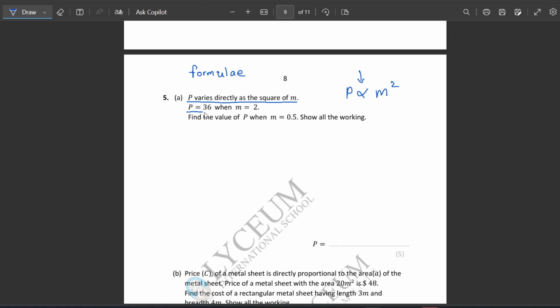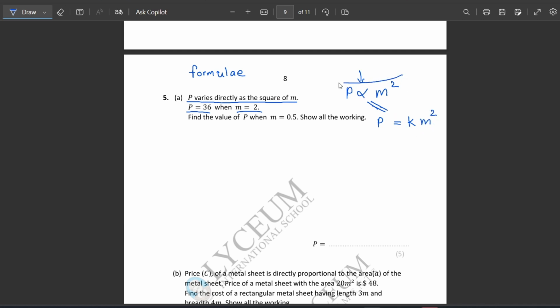So they have given us two values. Using those values, we can convert this proportion symbol into an equal sign with a constant.